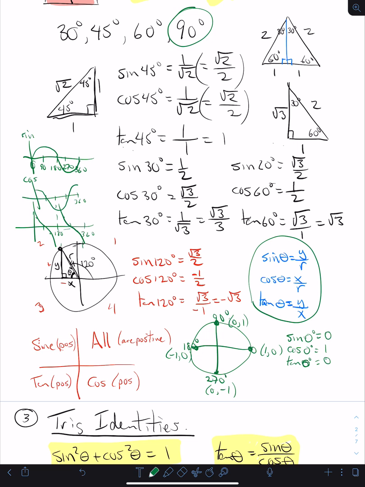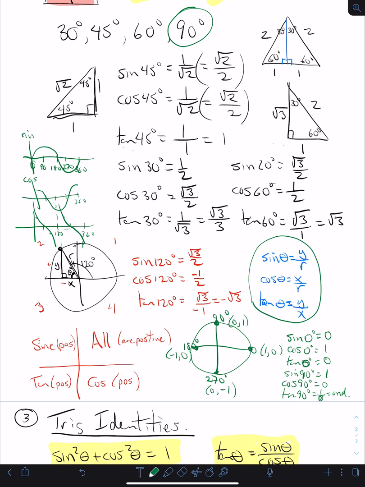The sine of 90 degrees, I'm not going to do all of these, is y over r, so it'd be 1 over 1. The cosine of 90 degrees would be equal to 0. The tangent of 90 degrees is interesting because that would be 1 divided by 0, which is undefined. Not 0, not infinite, it's undefined. So with tangent, you can get undefined.